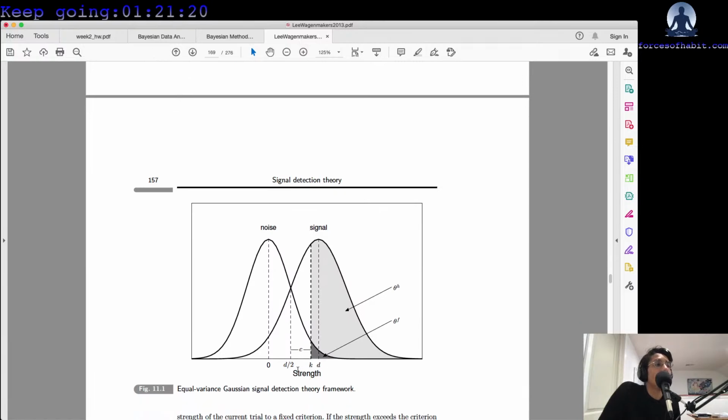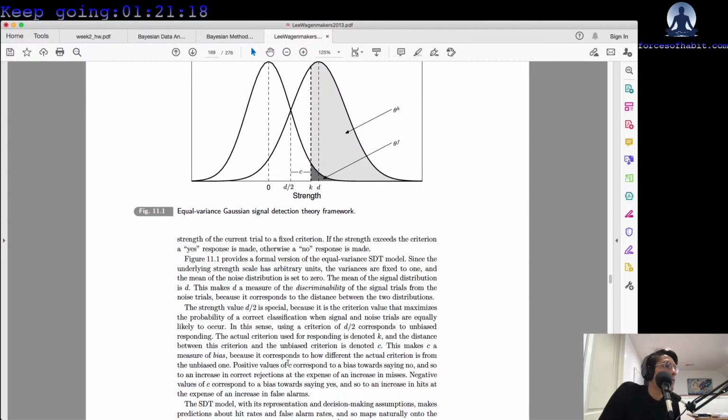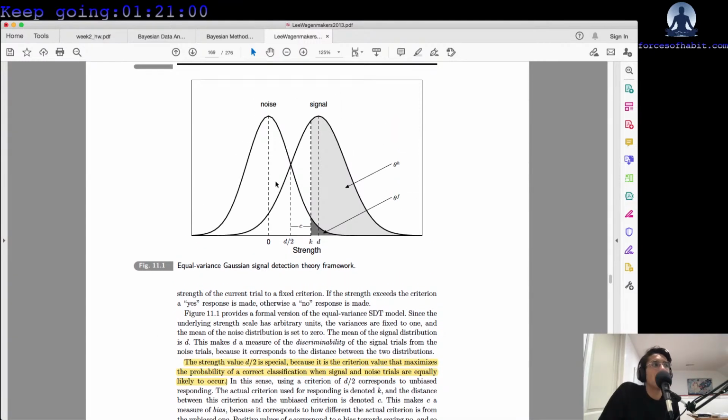However, half of d', or d'/2, is special because, well, maybe this has to do with the variance assumption here, but d'/2 maximizes the probability of correct classification when the signal and noise are equally likely to occur.